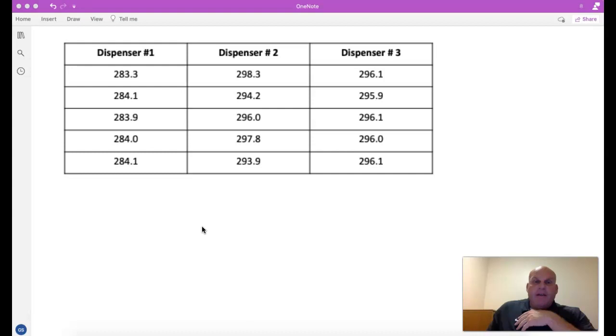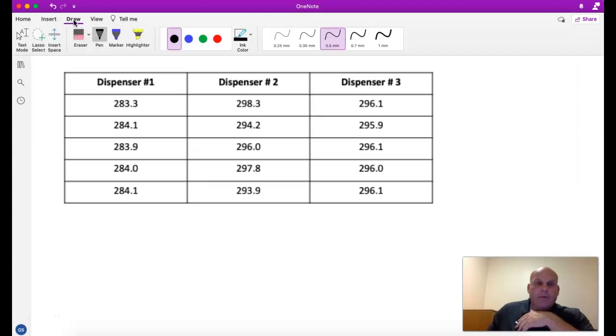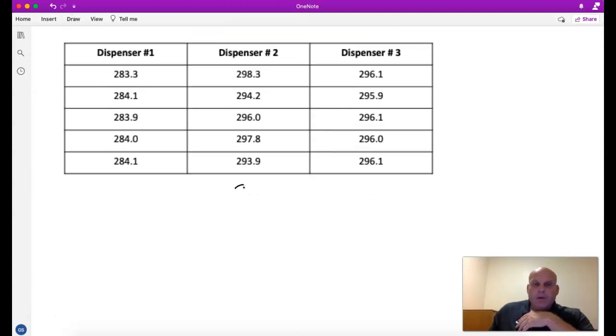If I look at 3 different data sets here, let's say the accepted value for each dispenser should have been 296 milliliters. As I take a look at this first dispenser, these values are close to one another, but they're pretty far from the accepted value.